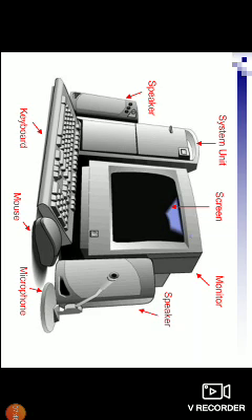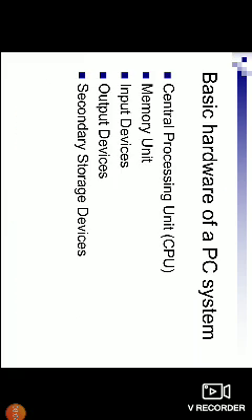These are the major parts of the computer system. First one is the monitor, second one is keyboard, third one is mouse, next one is the system unit, speakers, and microphone.